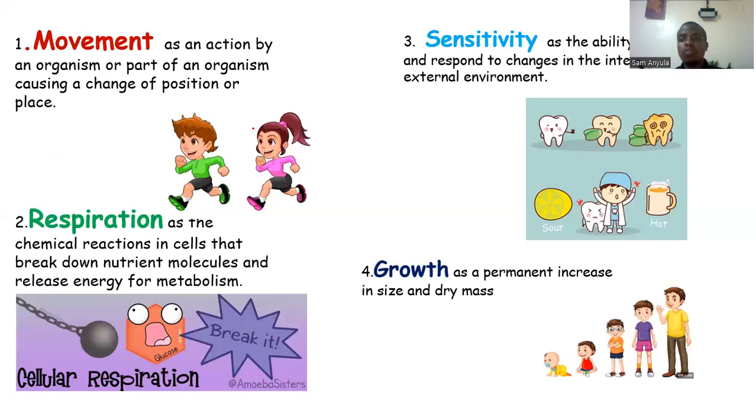We note that the movement in plants, we look at the change of position of part of the plant, not the whole plant. For example, if I'm growing a plant in a dark place, then I have unidirectional light coming in through a hole or an opening from one direction. Then after some time, you'll see the plant bending and growing towards light.